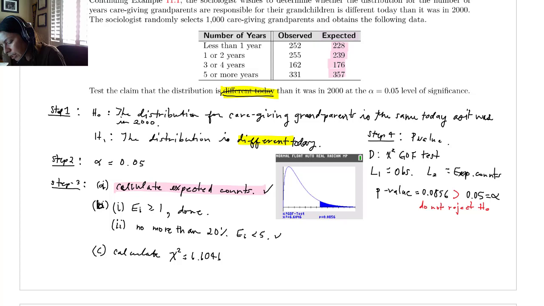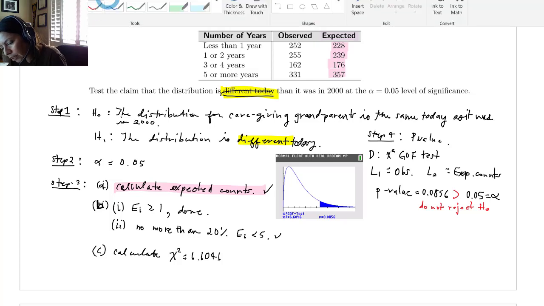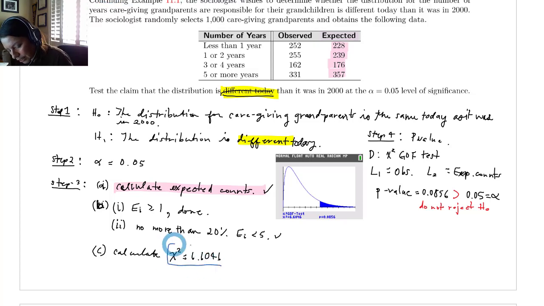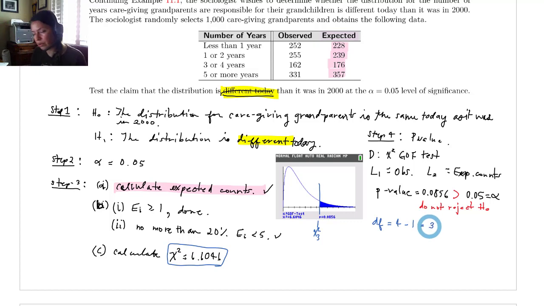Okay, and just to give you an idea, this test statistic is what this chi-square is. And we can put the degrees of freedom here, right? So let's put a note here. The degrees of freedom would be the number of categories minus 1, which is 3, and that's what we used inside our test. So that's the process.